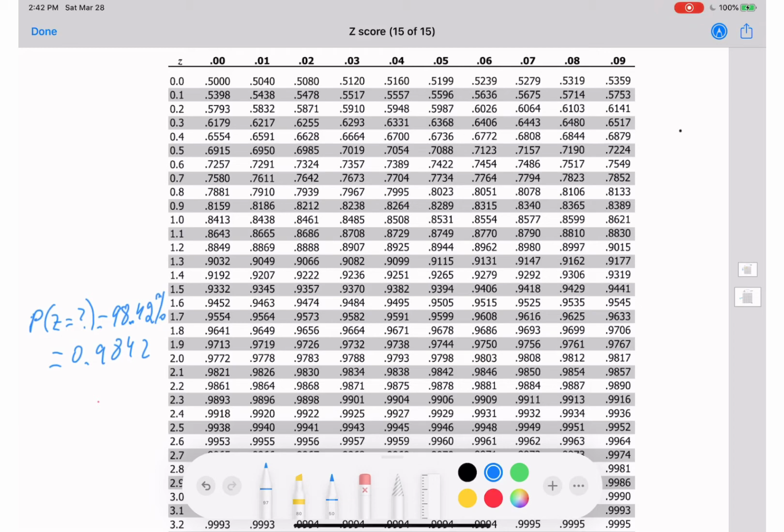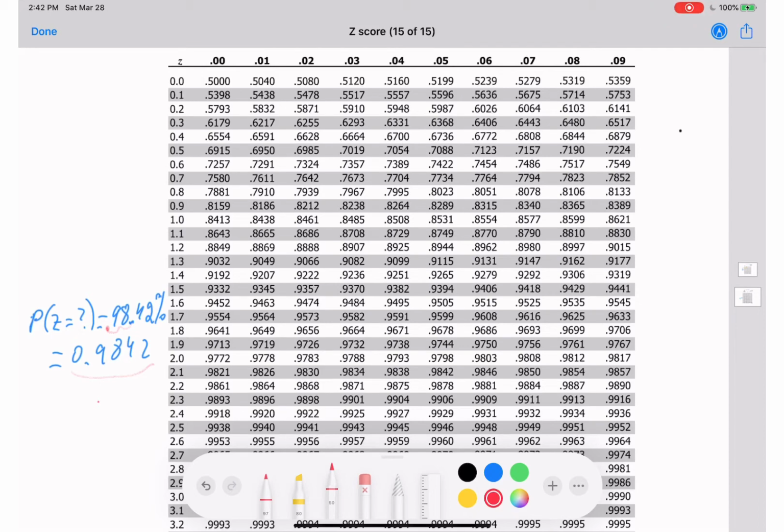Dividing by 100 means to move by 2 positions to the left. 1 and 2. 2 positions to the left, and I put the point right here, 0.9842. Now, to look into a table and find where is 0.9842: because 0.9842 is close to 1, I will look close to the end, right?